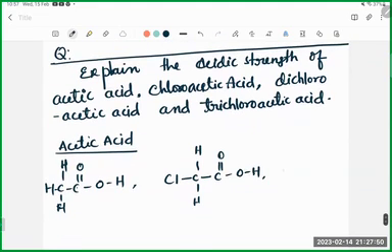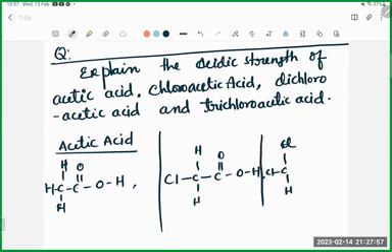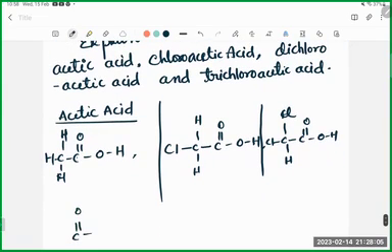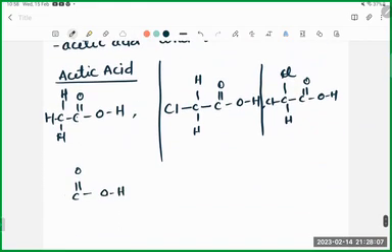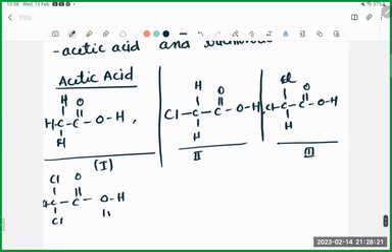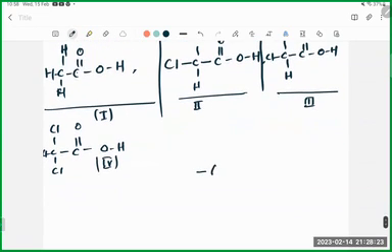In dichloro, two hydrogens I am replacing by Cl, so only one hydrogen is left, then C double bond O, OH. This is dichloro. For trichloro, all three sides I'll put Cl, so this is trichloro. This is first, second, third, and fourth.